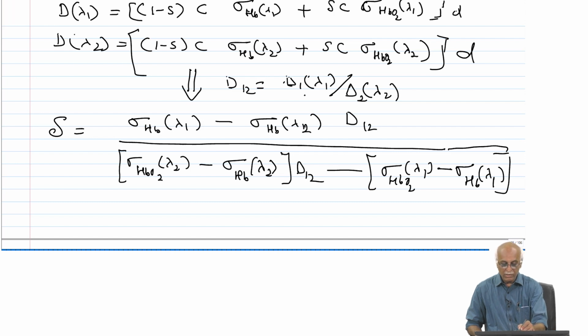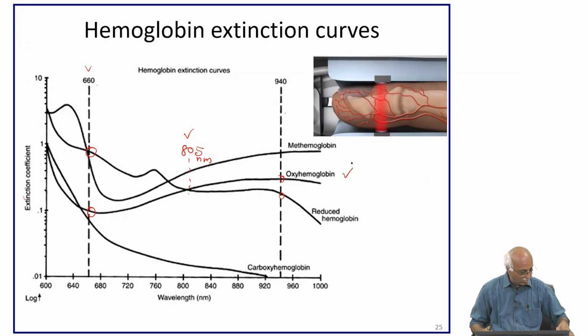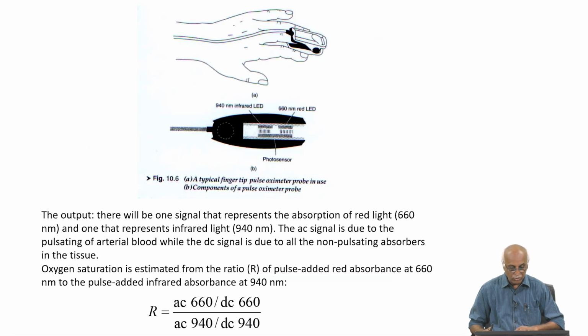So you can estimate D1 lambda 1, D2 lambda 2, and from D12, substituting all these values, we will be able to estimate the saturation value. That is the idea, and this technique is used to derive the parameters related to saturation.